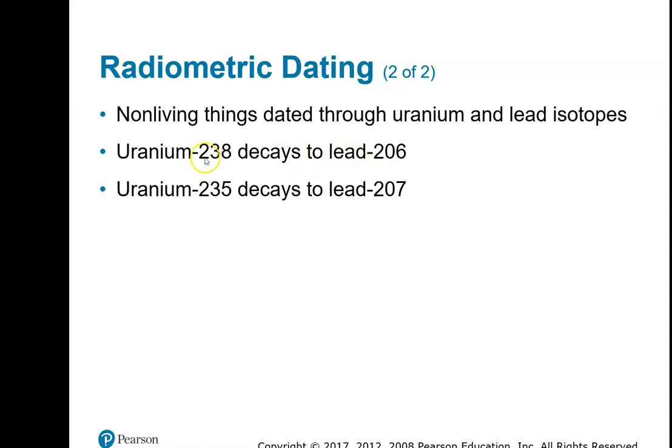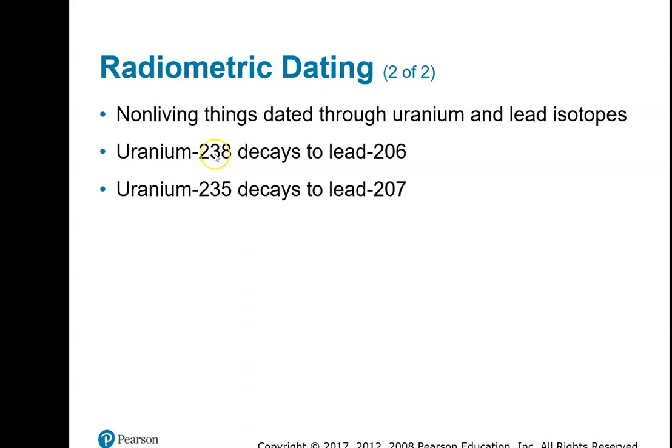So if you find something that had uranium in it, let's say the Earth, for example, right? And this is how we know the age of the Earth. The uranium 238 has a half-life of 4.5 billion years.